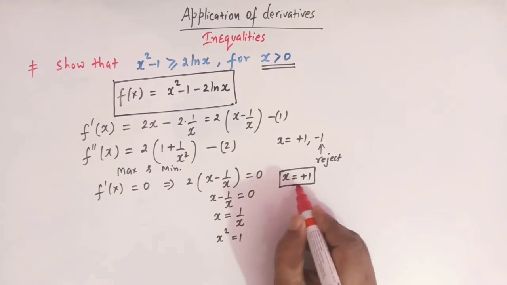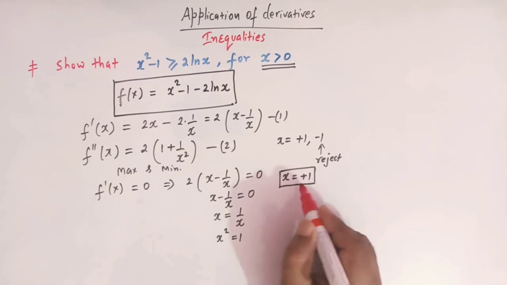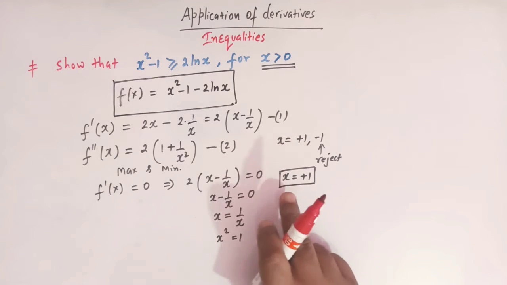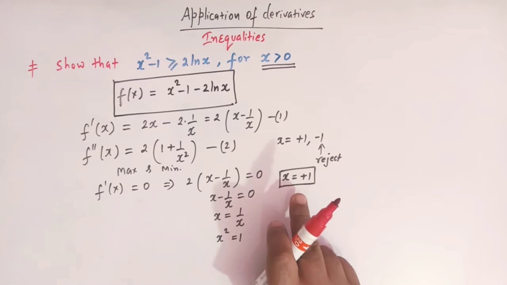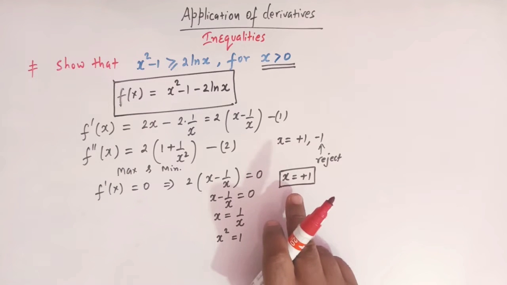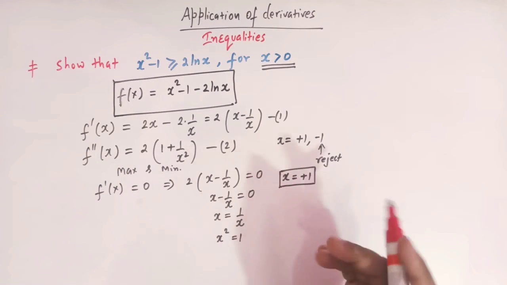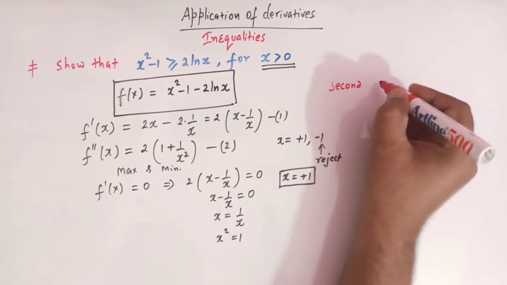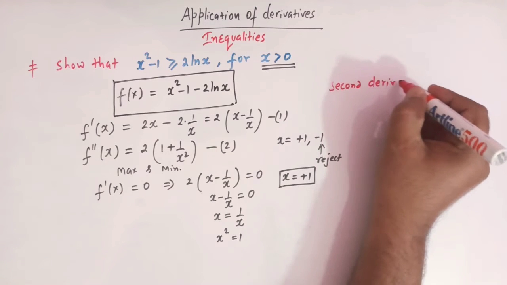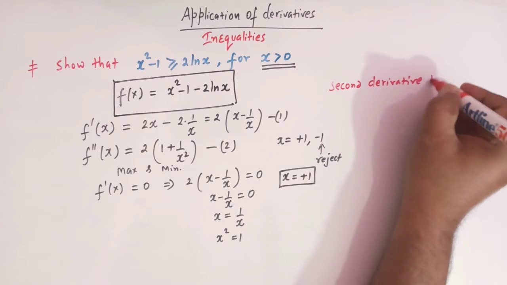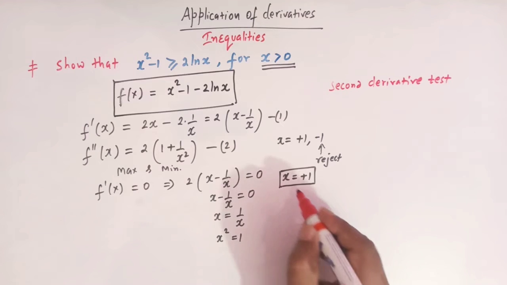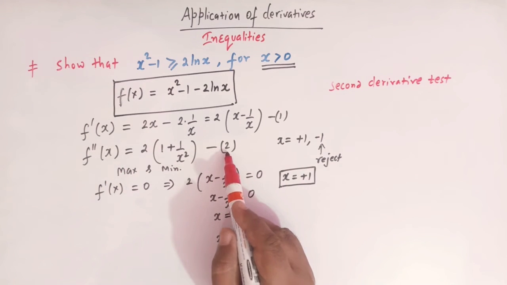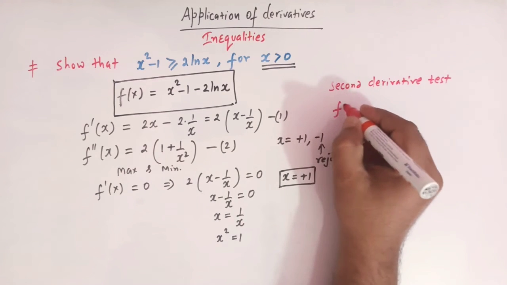So x equal to plus 1 is the turning point or critical point, and now we will test whether this point is a point of maxima or minima, right? For this we'll go to the second derivative test and substitute x equal to plus 1 in equation number 2. So let us see what we will get.